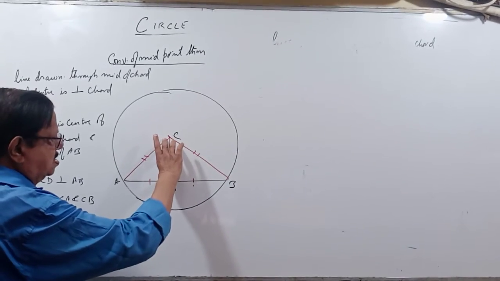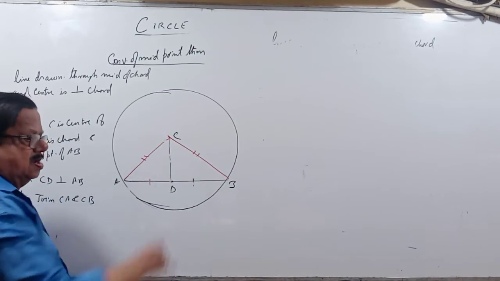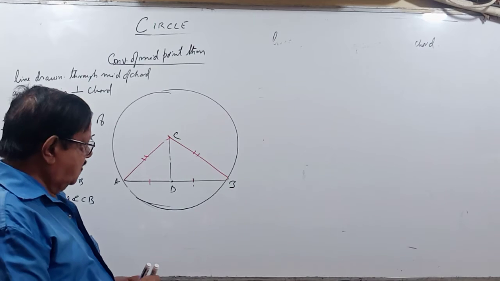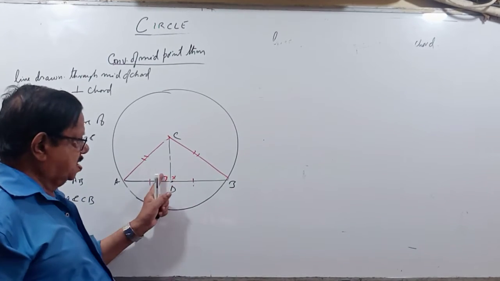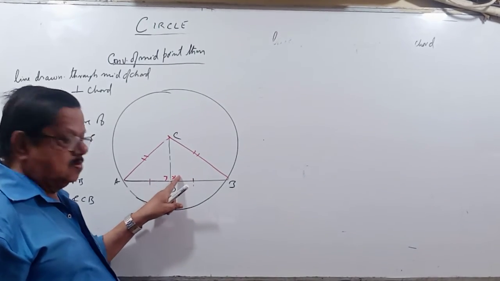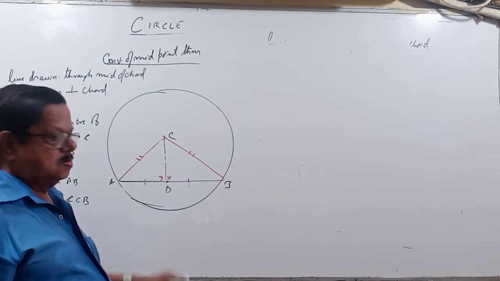This side, common side. This is equal to this, given, and this is equal to this, radii of the same circle. Therefore, triangles are congruent. Therefore, this angle congruent to this angle, corresponding angles of congruent triangles. If each is x, x plus x equal to 180 degrees, therefore x is equal to 90 degrees.